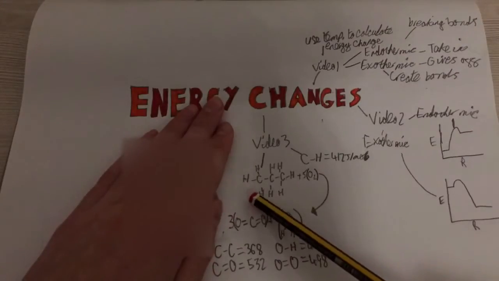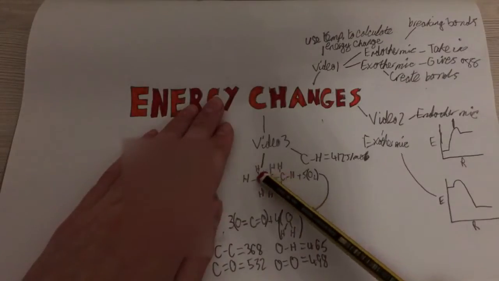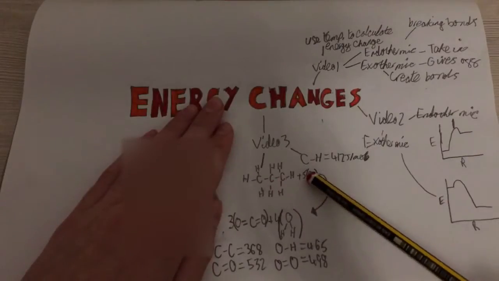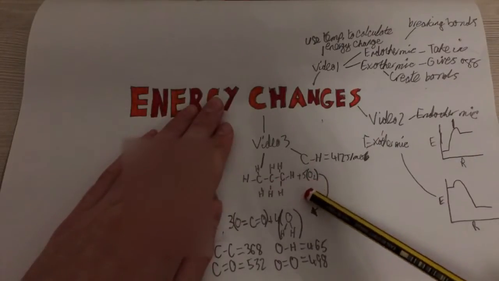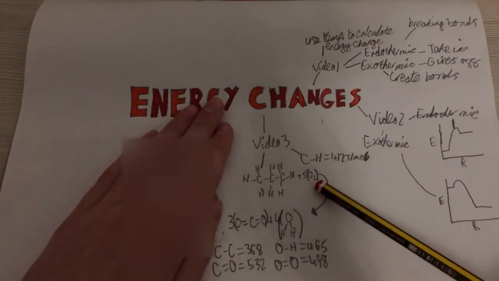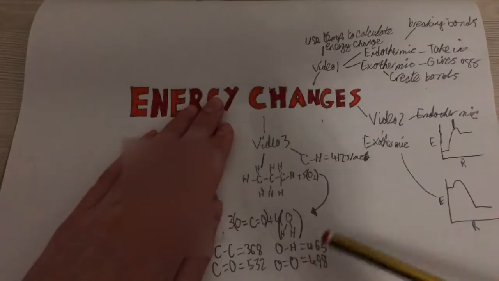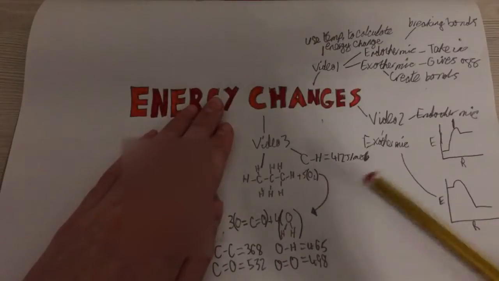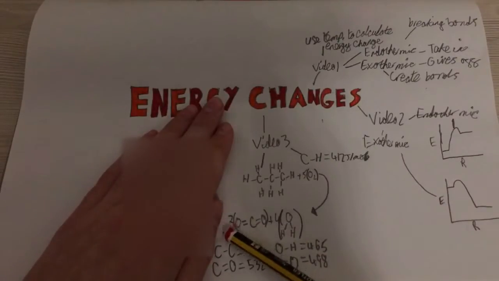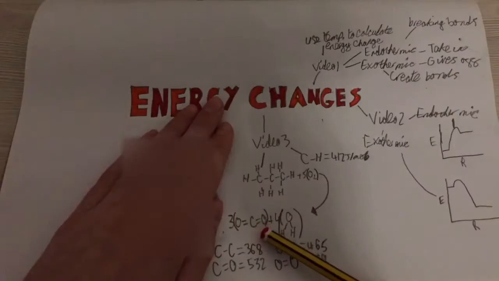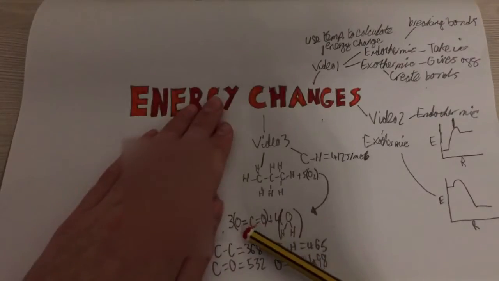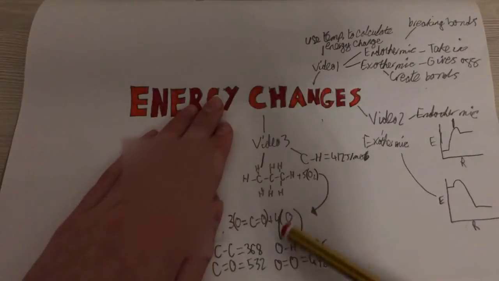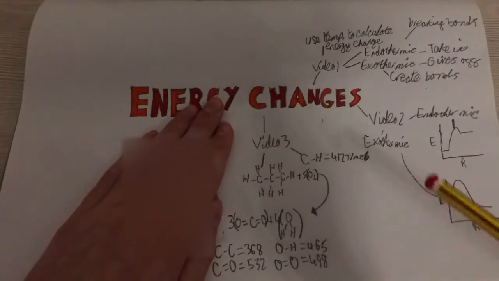So, here's the question. You've got 3 carbons and 8 hydrogens, all single bonded together, and you've got 5 lots of two oxygen atoms going around together, and they are double bonded. When the reaction happens, you have 3 lots of 2 oxygen atoms and a carbon atom double bonded together, plus 4 lots of water molecules, that's 1 oxygen and 2 hydrogen, single bonded together.